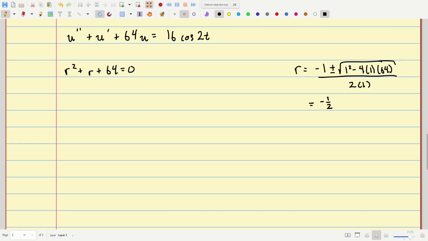This is going to give us -1/2 plus or minus, since 4 times 64 is 256, the square root of 255 over 2 times i as our value for the frequency response, right?